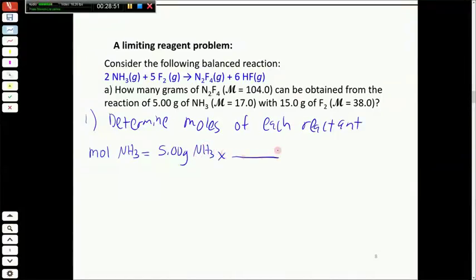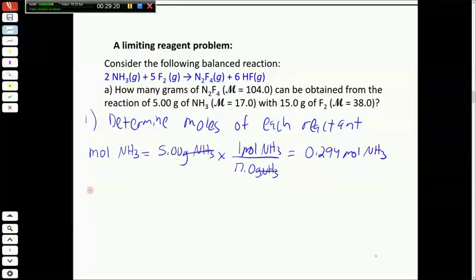And in this calculation that we're going to become so familiar with, we'll get sick of it, we use the molar mass 17.0. I guess they only gave you one decimal place. So 1 mole of NH3 has a mass of 17.0 grams, and that gives us 0.294 moles of NH3.